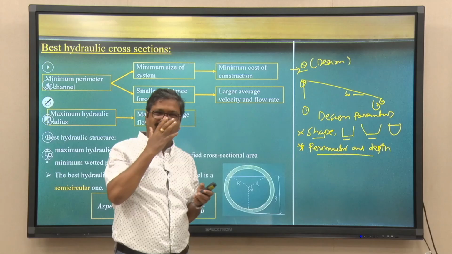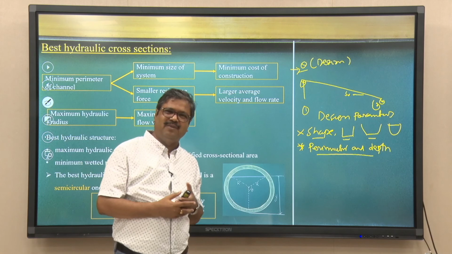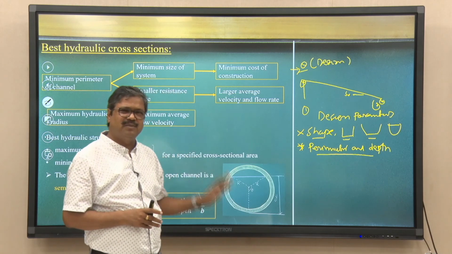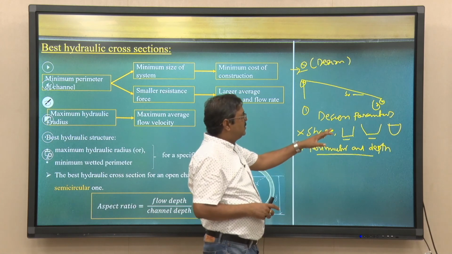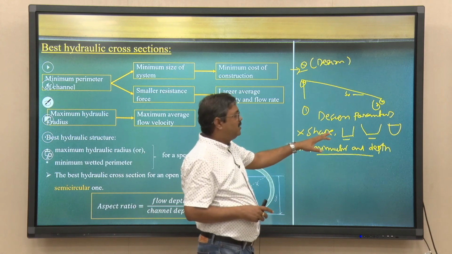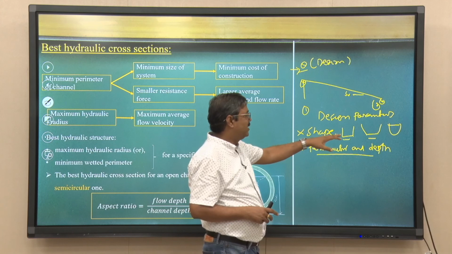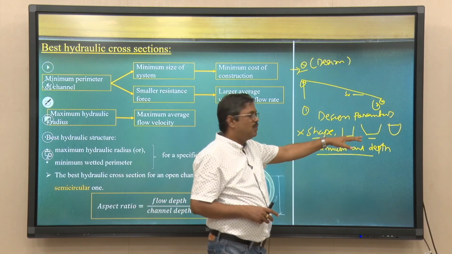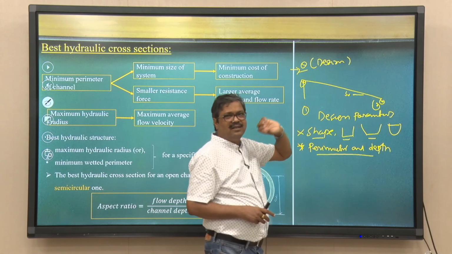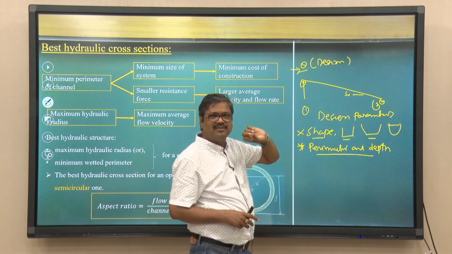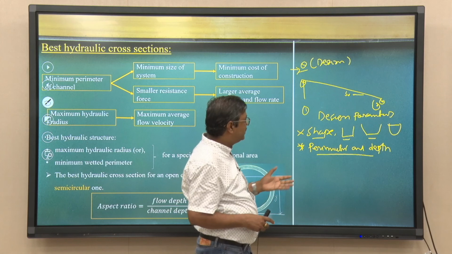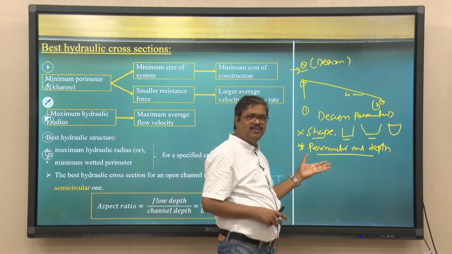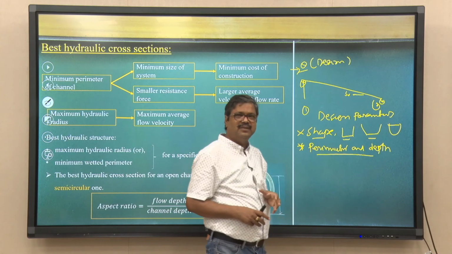Okay, as I said, nowadays we have a lot of software available to do that, but the basic concept follows the same: you have an option for different shapes, maybe rectangular, maybe trapezoidal, maybe semicircles or circular pipes. Okay, we can have that. Now, what comes next is that I can have different perimeters and flow depths.